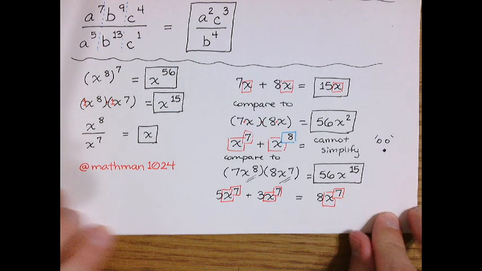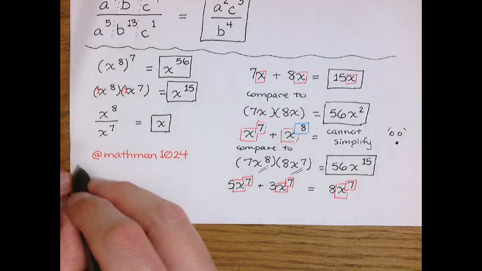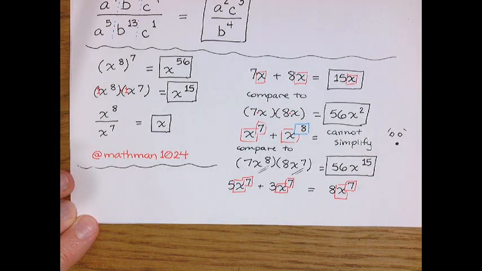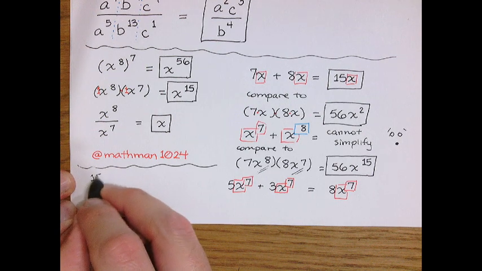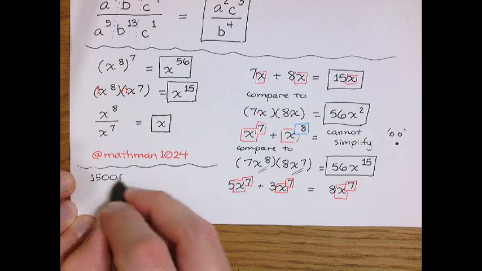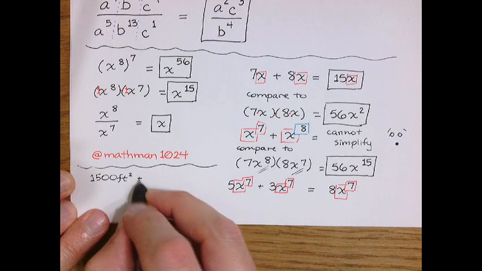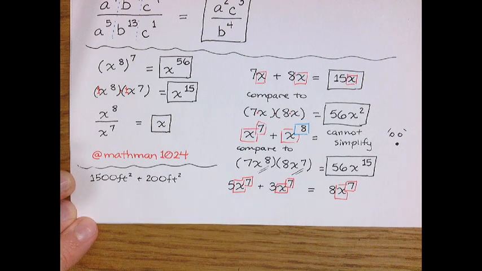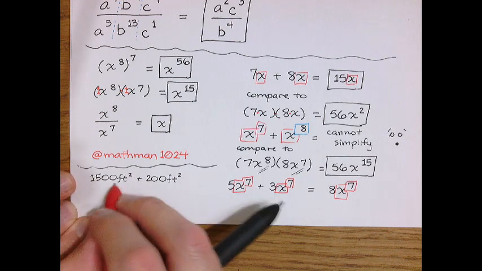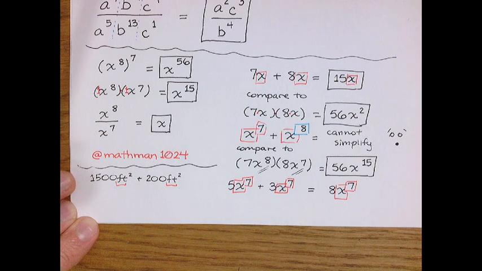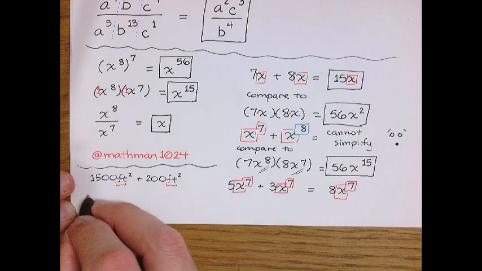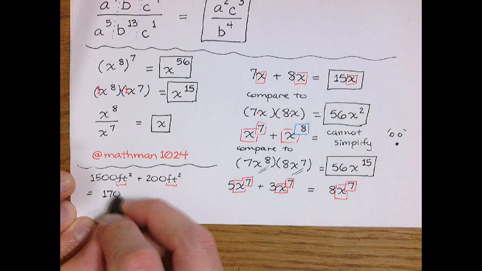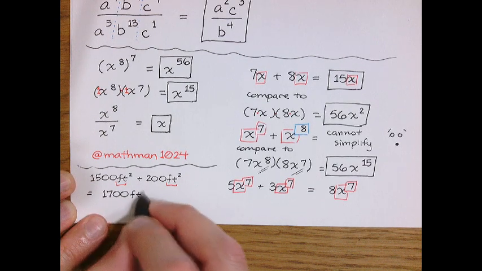It's the same thing if you're talking about your home and you're going to be doing an addition on your home. Suppose you have a home that is 1,500 square feet and you're going to be adding 200 square feet. Since these units are exactly the same, not just feet and feet, but square feet and square feet, they're both measuring area of the same unit, you could combine these to get 1,700, and you're still talking about square feet.